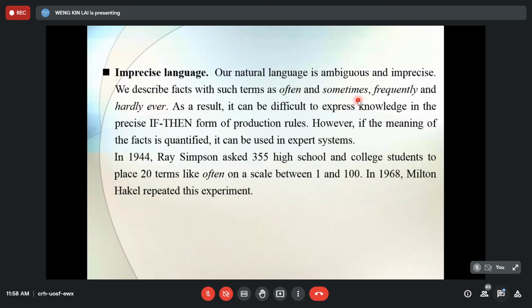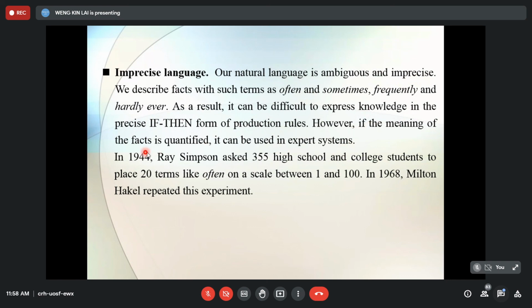For example, this time of the year, it hardly rains. Hardly means that we think most of the time it won't rain, but it is still possible that it will rain, right? As a result of this ambiguity and impreciseness, it can be difficult to express knowledge in the precise if-then form of production rules.